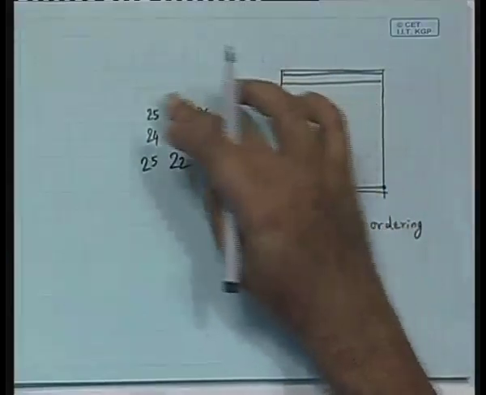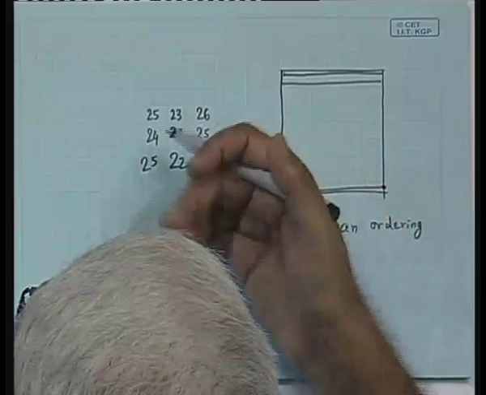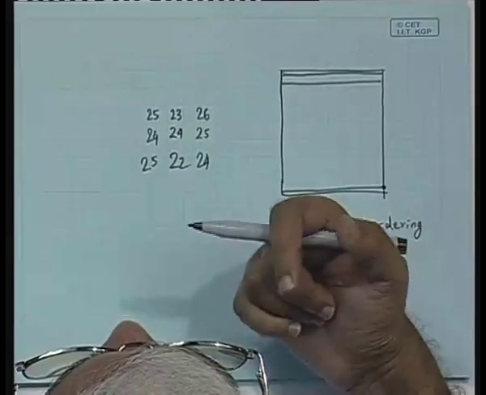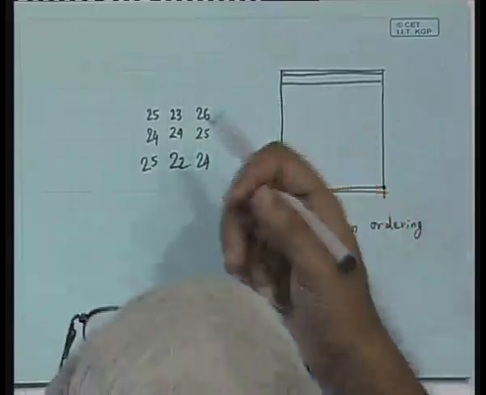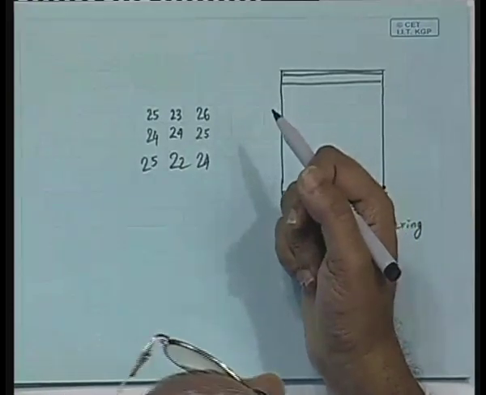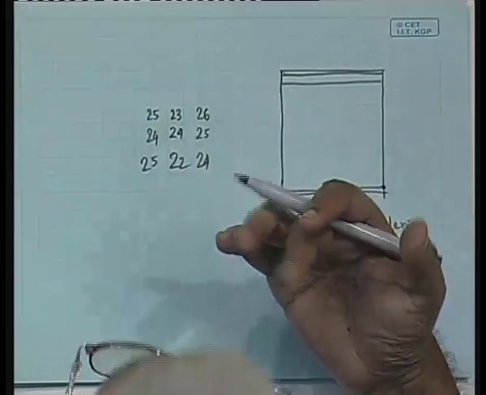See, the concept of energy packing is something like this, that let us say that we take the example 3 by 3 array, what we mentioned, this 25, 23, 26, 24, 24, 25 and like that. Now, this 3 by 3 image is having a very high average value. The average value of that is of the order of 23 or 24, okay.